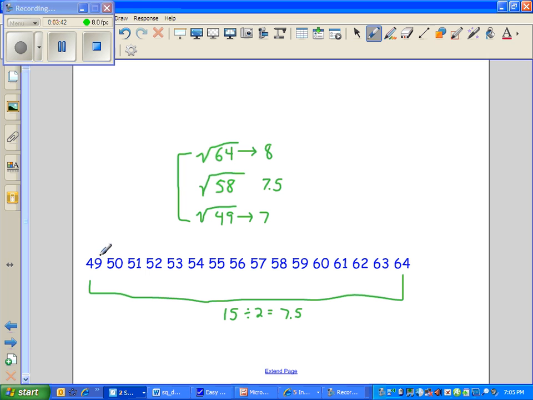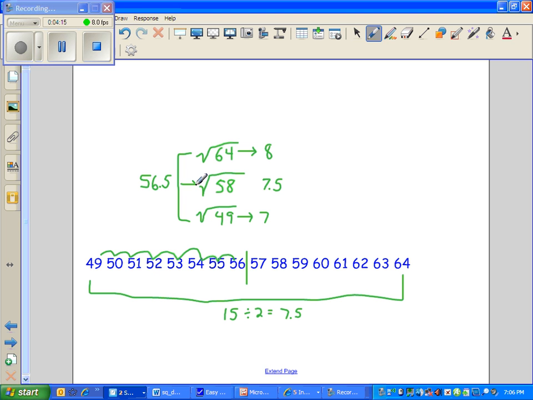So if I go 7 steps, 1, 2, 3, 4, 5, 6, 7, I have to take that other half step, which puts me between 56 and 57. I have to identify that value, so halfway between 56 and 57 would be 56.5. So 56.5 is the halfway area between 49 and 64.